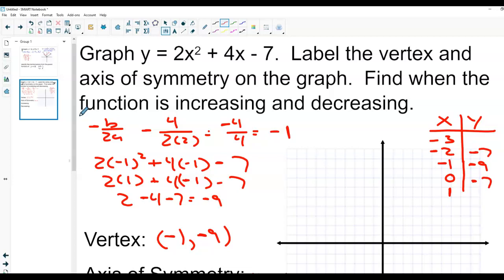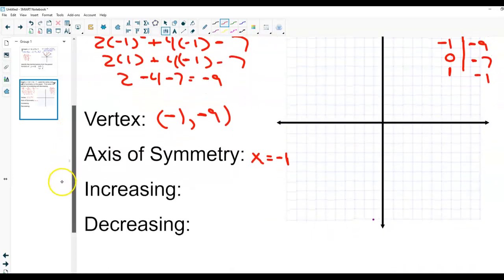If I plug 1 in for x, 1 squared is 1, times 2 is 2. 4 times 1 is 4. 2 and 4 is 6. 6 minus 7 is -1. And that's really enough points for me to graph.